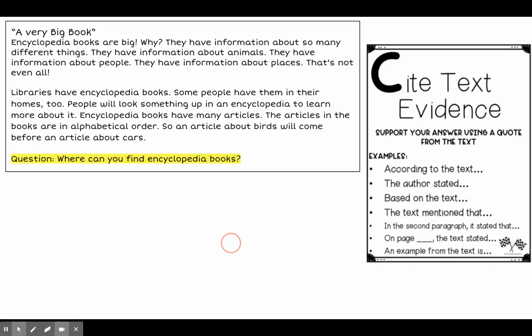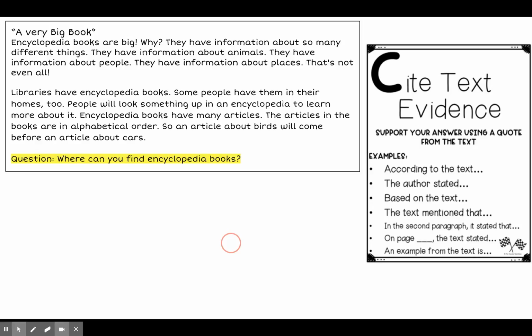So we have this text. It's called A Very Big Book. I'm going to go ahead and read it. It says, encyclopedia books are big. Why? They have information about so many different things. They have information about animals. They have information about people. They have information about places. That's not even all. Libraries have encyclopedia books.